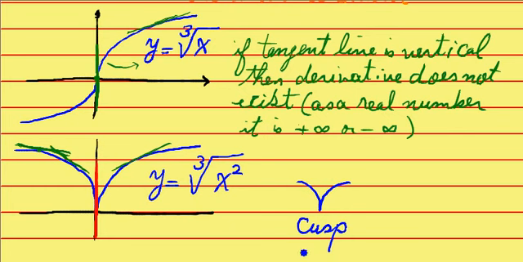So kind of like a double pine needle. At that corner they form a cusp. So cusp situation prevents the derivative from existing, and also vertical tangent line creates the same problem.